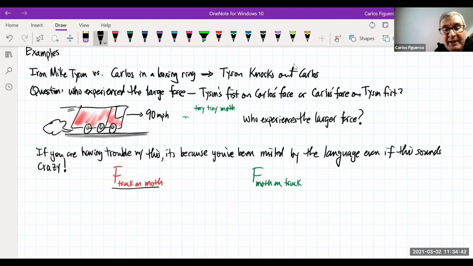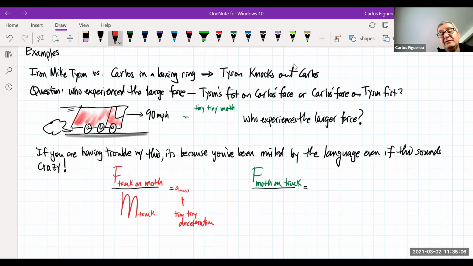But the big difference is not about the force, it's about the mass. The truck having such a large mass means that the truck has a tiny, tiny deceleration that the truck driver doesn't feel anything. Didn't even realize that he slowed down.